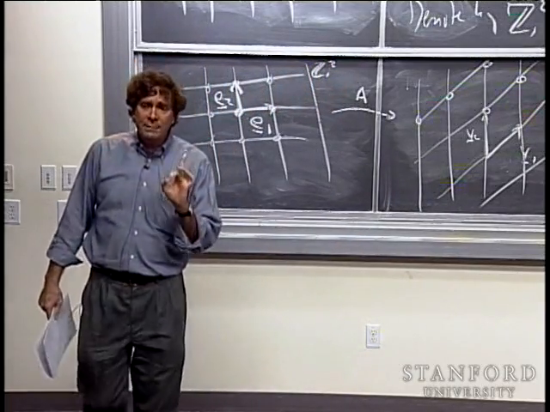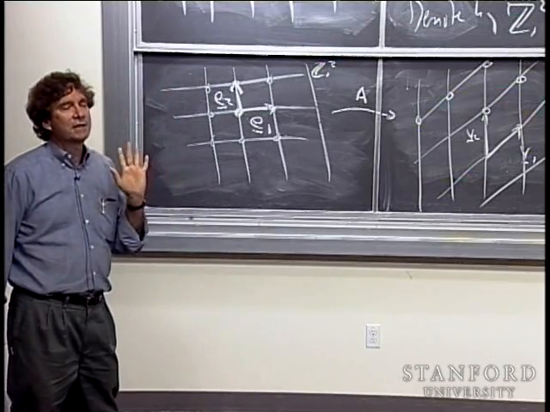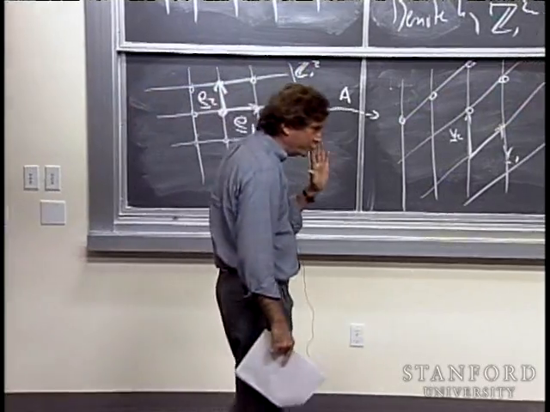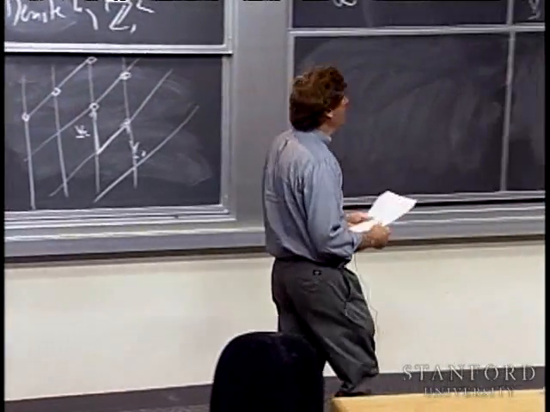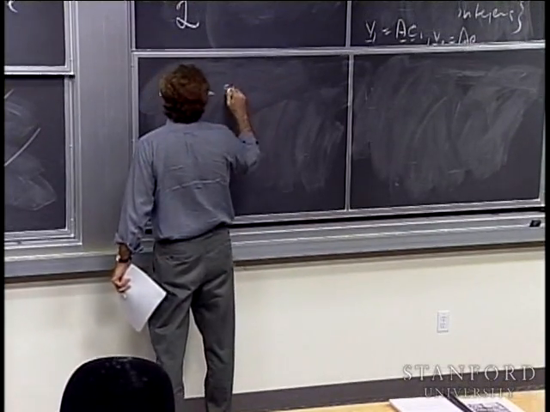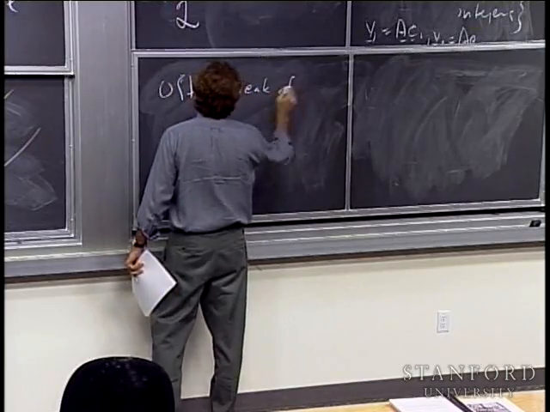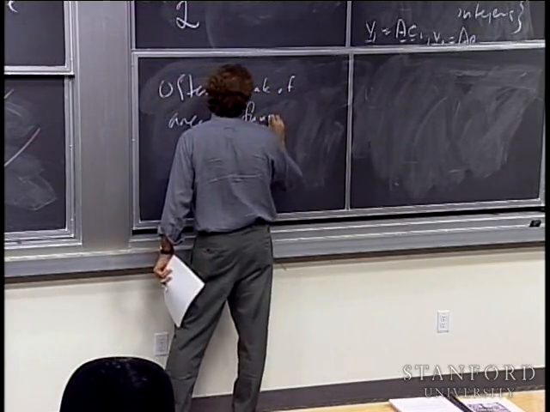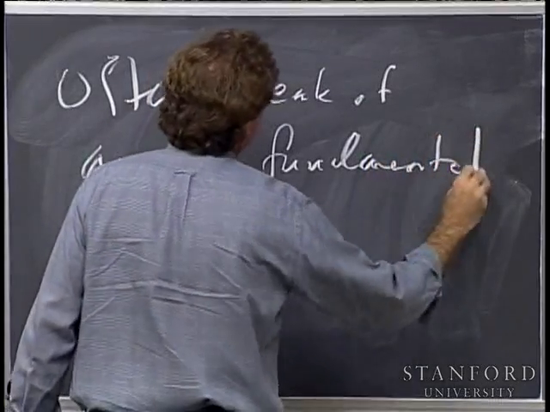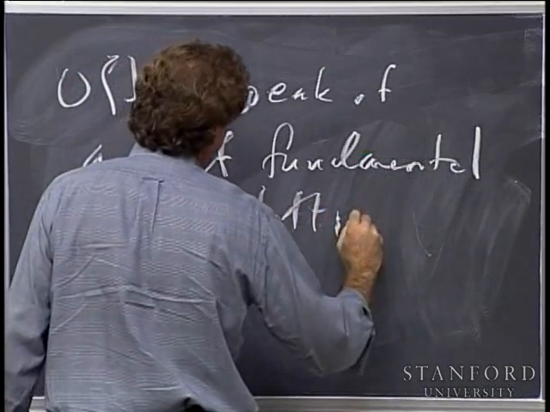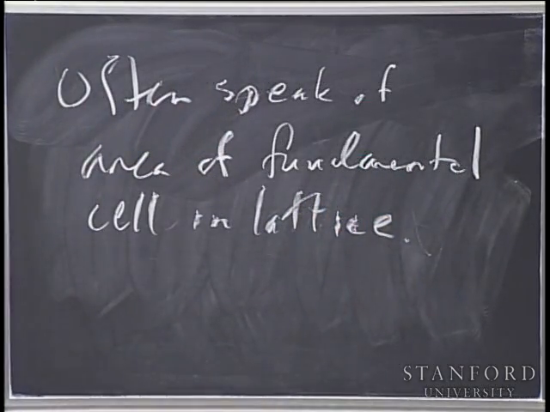There's a geometric way, just to attach a number that describes the lattice in some loose but helpful sense: you often talk about the area of the lattice. So you often speak of the area of what's called a fundamental cell or fundamental parallelogram in the lattice. And that's just the area of one of the parallelograms spanned by the basis vectors.